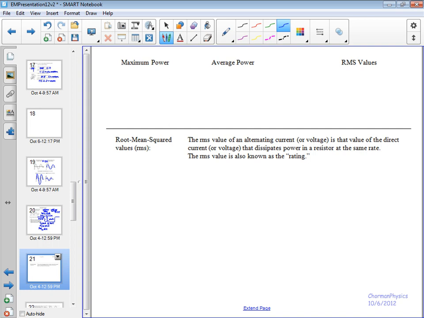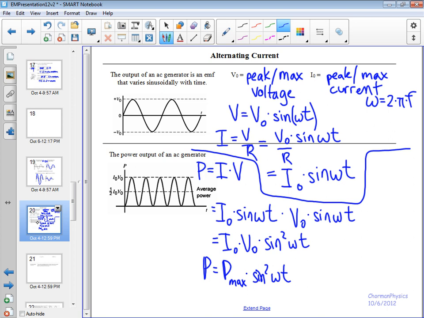This has some pretty big implications for the way that we discuss our current and voltage. It's easy to see here, half the maximum power is the average power, but what about the average voltage based on the sine curve?